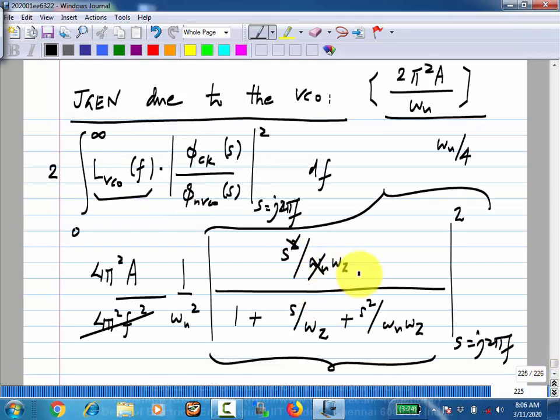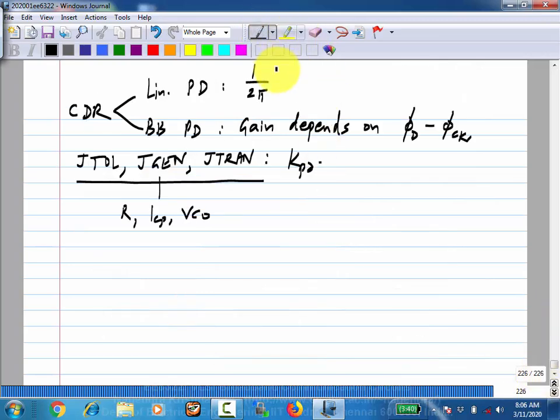Because we saw that we have s by omega z here. This is similar to what you would get from the resistor. Now this is not very surprising. We could have also done it in a probably easier way. I just showed you like this.